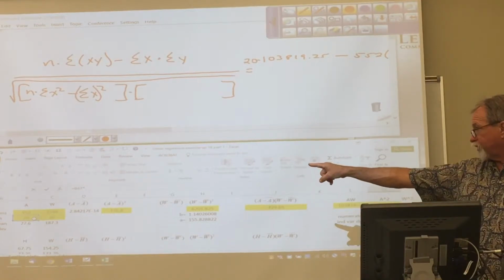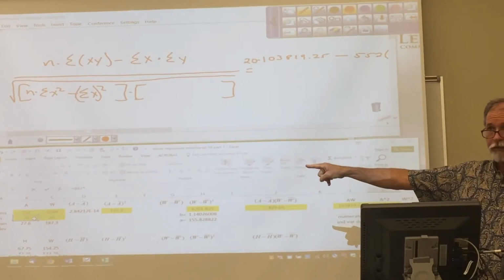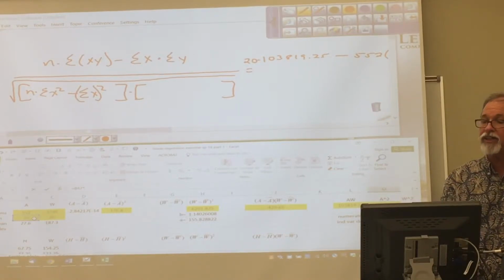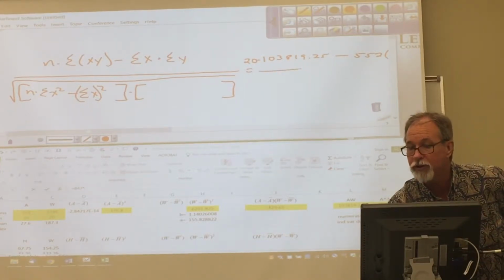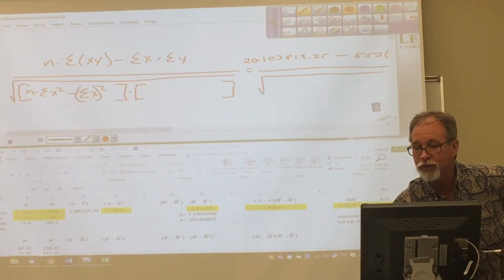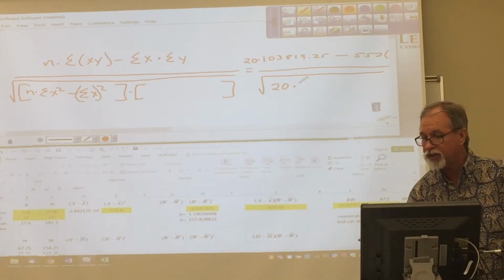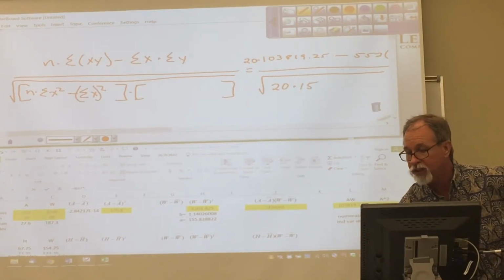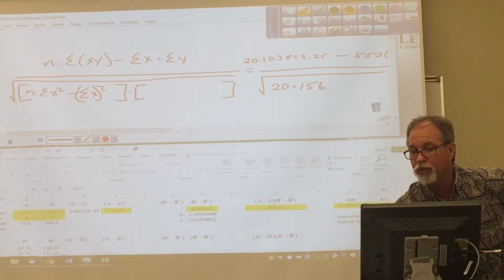All that means is I took all the values in column A and squared them, and then I added them up. So if I'm writing this out, I've got the square root of 20 times the summation of A squared, which in this case is 15,612.